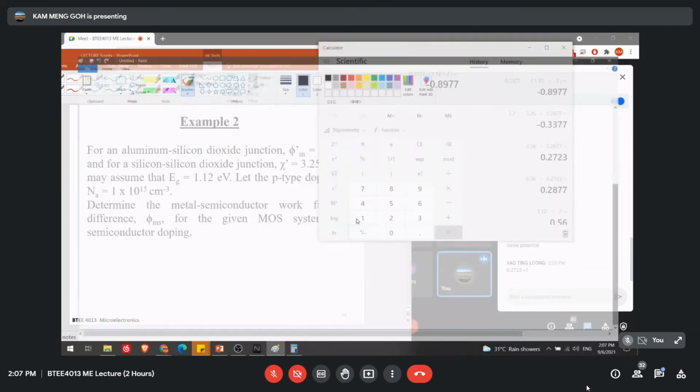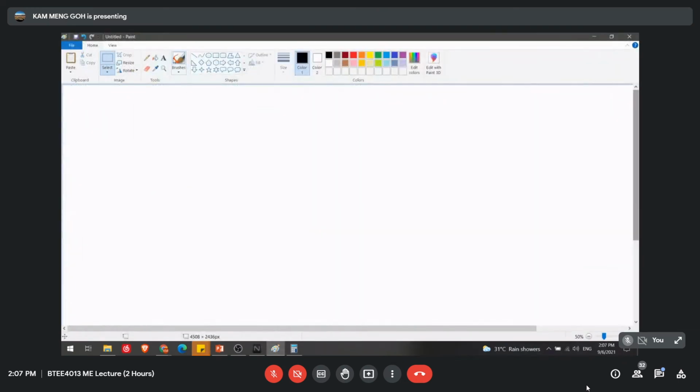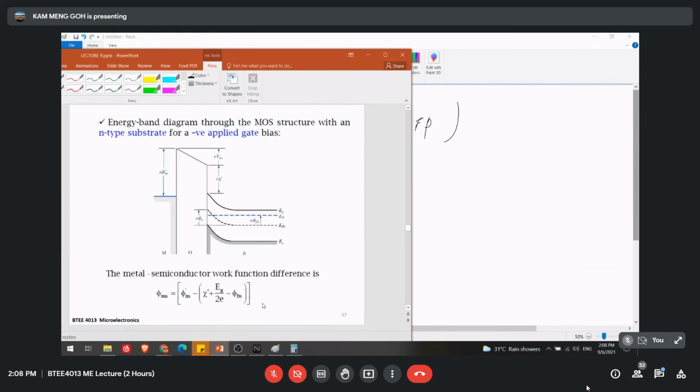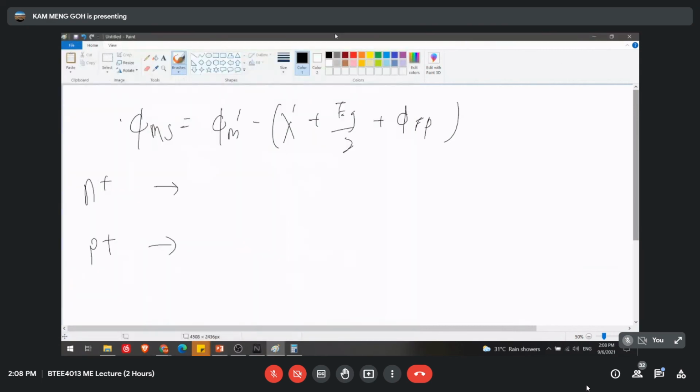So basically, we have three formulas. One is when it doesn't mention whether it's N plus or P plus, so the difference will be minus plus Eg over 2E plus delta Fp. But if it's N plus or P plus, then you need to use another formula, this and this.